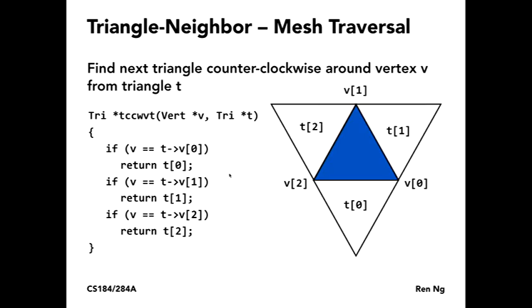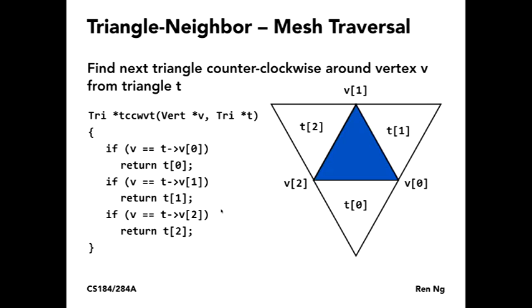So again, it's counterclockwise around vertex V. So if V is equal to this guy over here, then counterclockwise would be T0. If V happens to equal V1 of this blue triangle, then counterclockwise around it would be T1. And if V equals V2 of this blue triangle, then counterclockwise from V is T2.